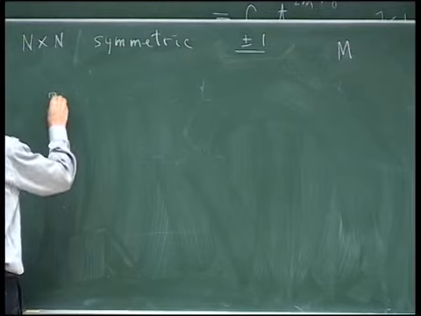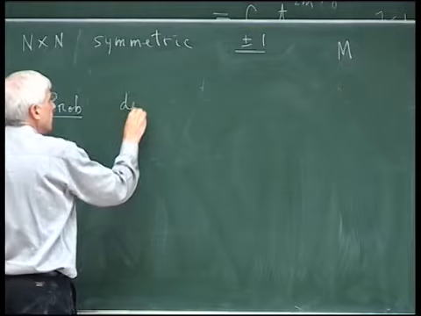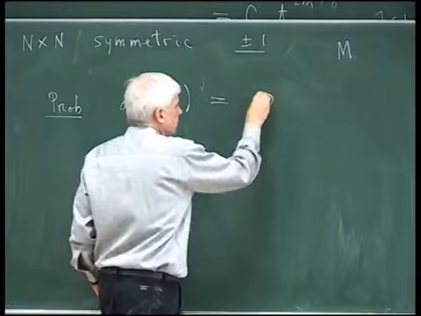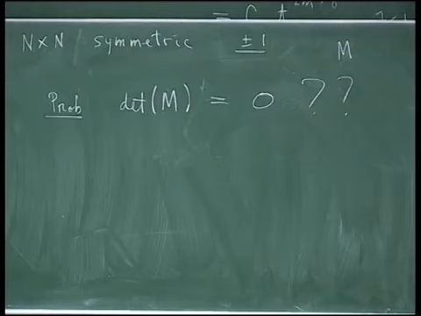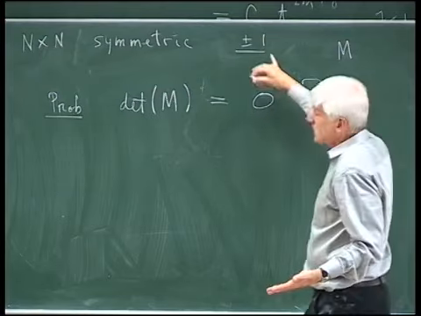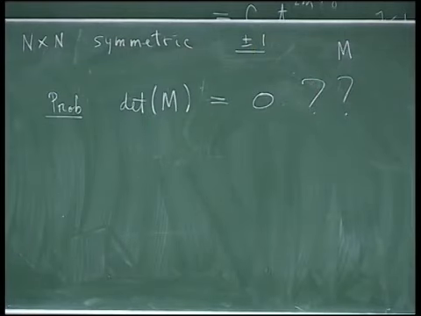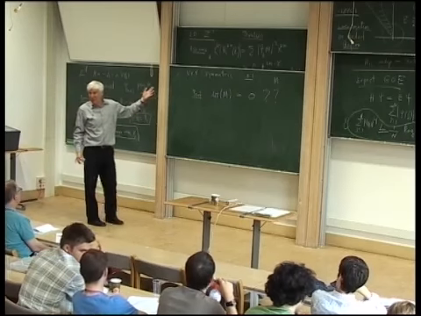What is the probability that the determinant of M equals 0? Okay. So, you know, this is a discrete set. If it were continuous, you could say it was 0, but it's not.